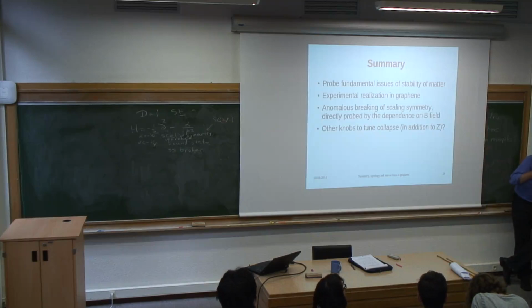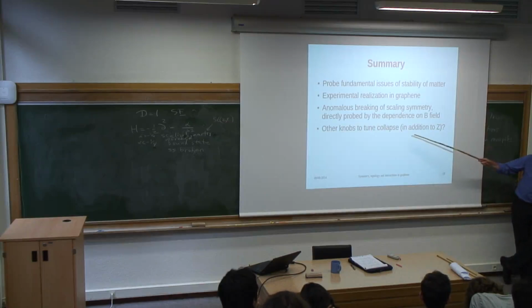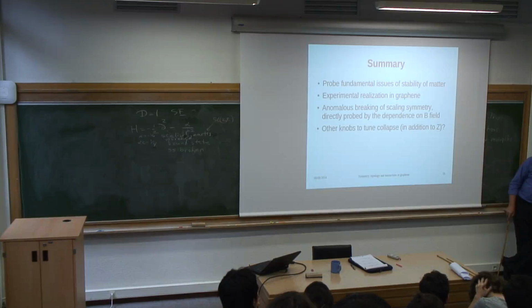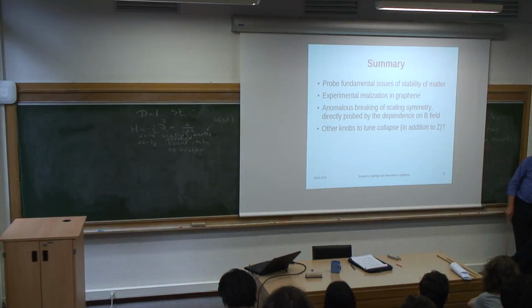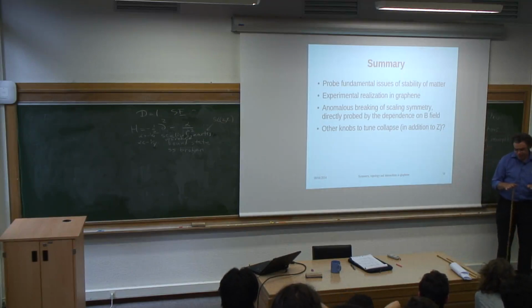So one could pose a question, and actually part of this discussion: can we use strain, a pseudomagnetic field due to strain, to tune collapse and probe it? Potentially it's possible because magnetic fields due to strain can be non-zero and in fact can be very high, higher than fields achievable in the lab. However, I think at the moment the control over fields generated by strain is not ideal.